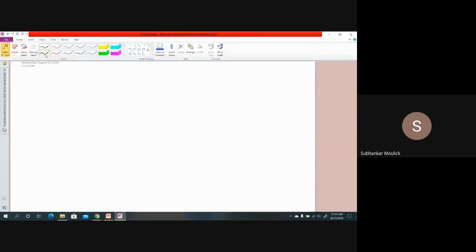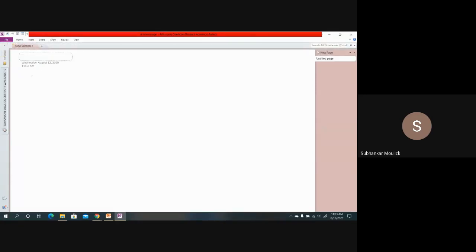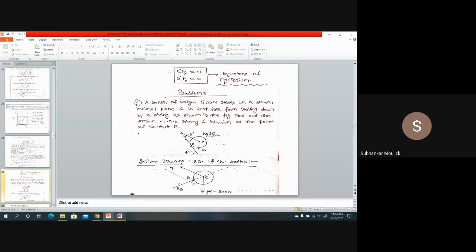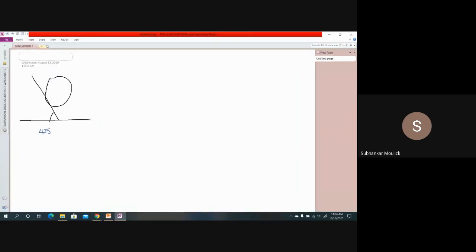What is the question? I have an inclined plane. Say this is an inclined plane. The angle of inclination is 45 degrees. On this inclined plane, a roller is kept. So this is my roller. The weight of the roller acts vertically downwards from its center of gravity.